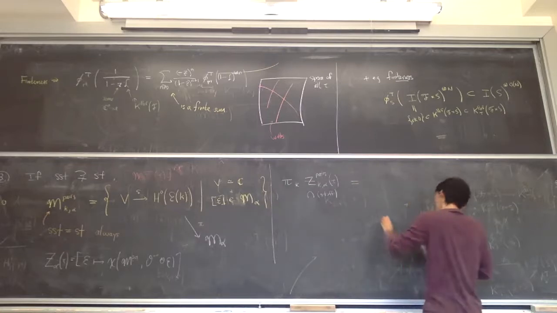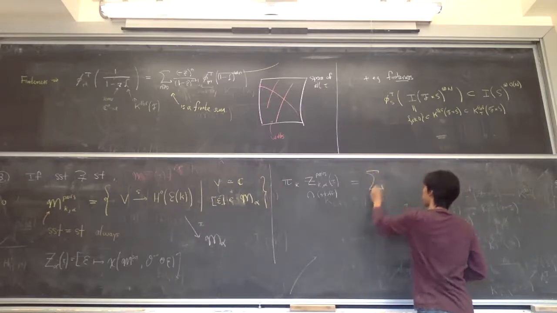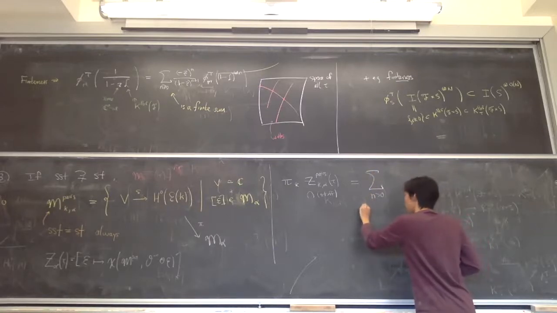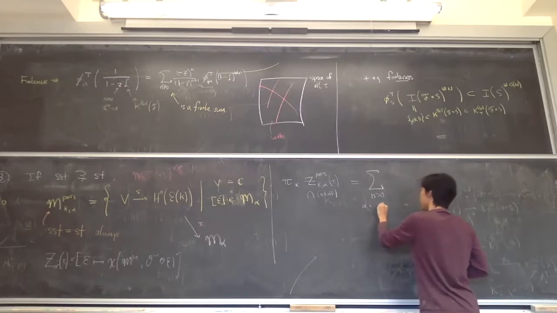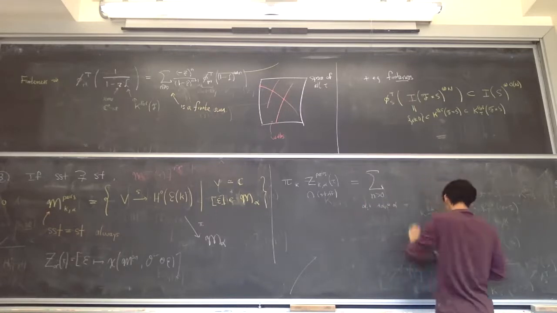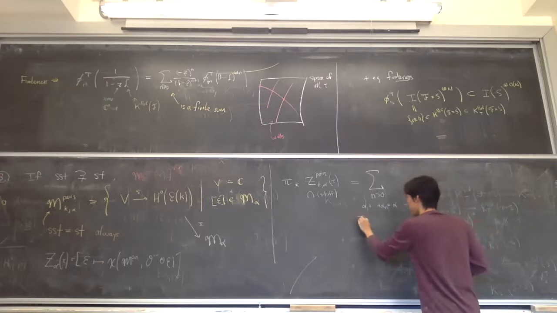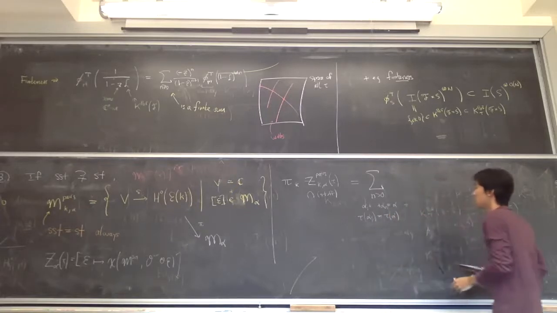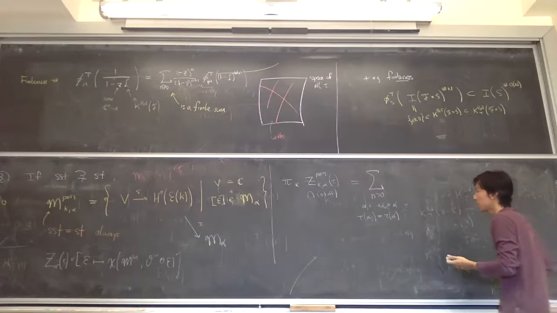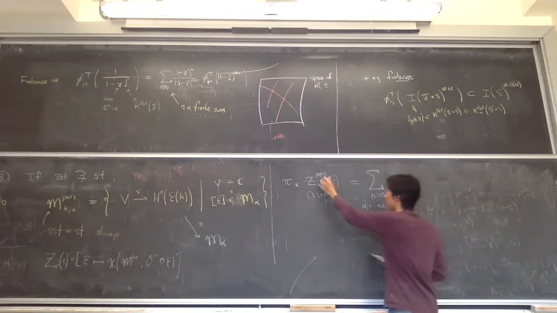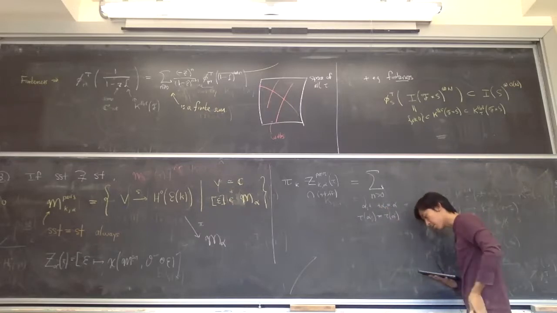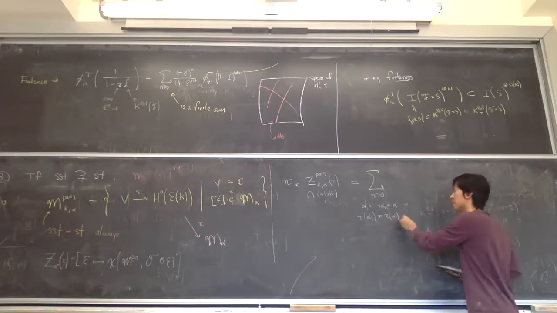And this is going to be equal to a sum over positive integers n and alpha 1 up to alpha n adding up to alpha, such that the slopes in some sense of all these alpha i are equal. And you should think of this as, there's some invariant upstairs, and it receives contributions from all the things lying on the same kind of slope as the class alpha that you care about.